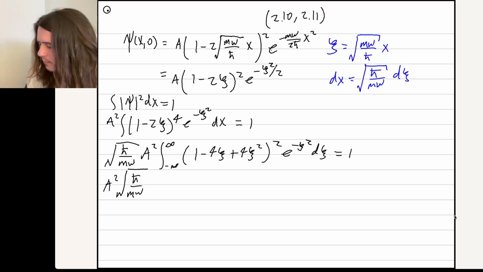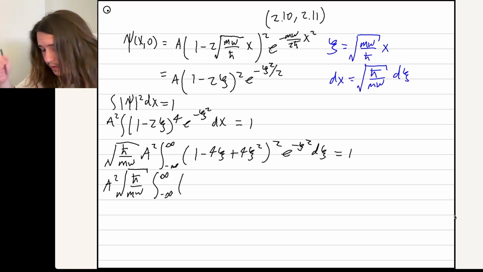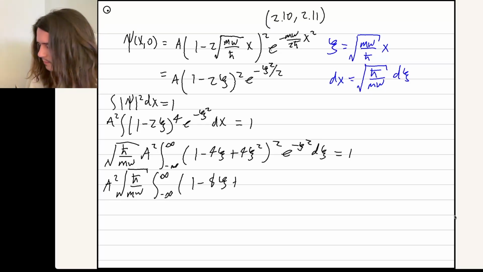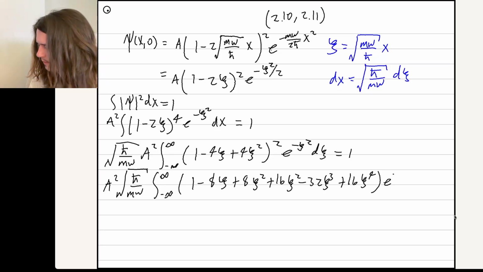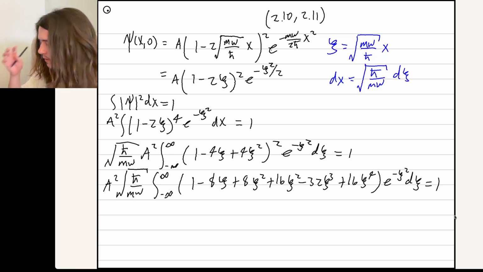I just wanted to do it one power at a time. And so that's looking like 1 minus 8ξ squared plus 16ξ to the fourth, times our exponential in the dξ.